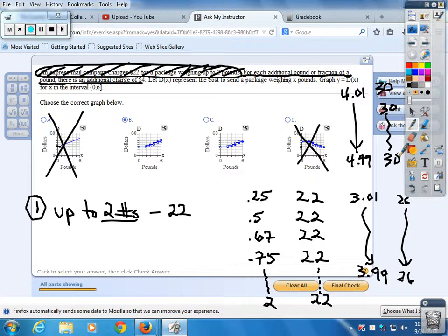So what does this look like? Well, 2 at 22. And I'm not really concerned about the circles right now because that's the least of your worries. You're trying to find which graph it is. All right. The next one is 3. So this is 0, this is 2, and at 3, it's going to jump up to here, and at 4, it's going to jump up to there.